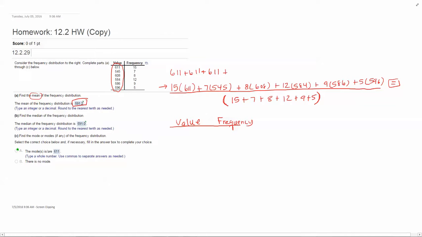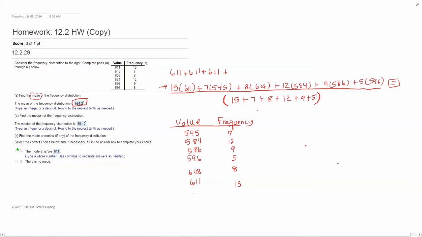The smallest value is the 545. I'm just going to keep writing those values in order based on the table. Now I've got the values written in order from least to greatest with their accompanying frequencies.